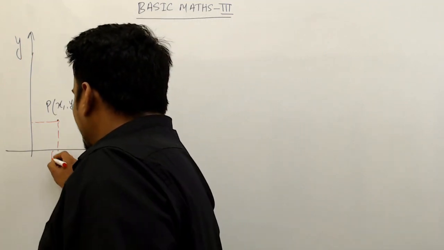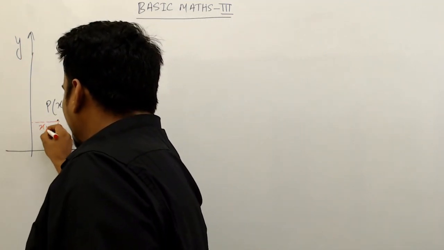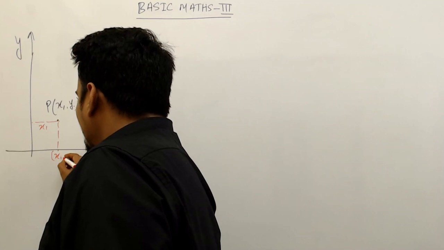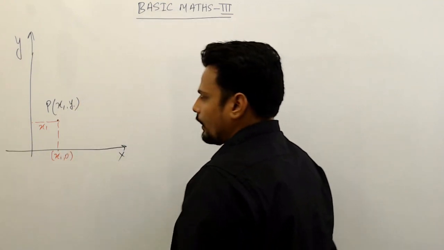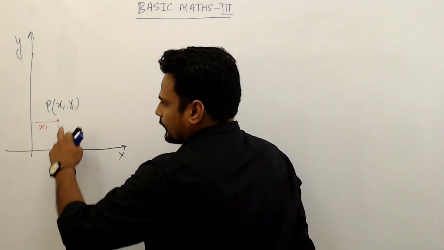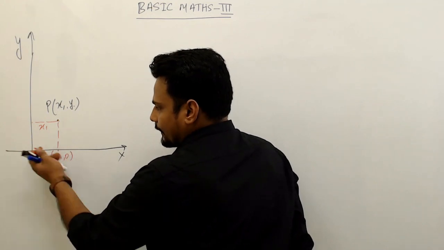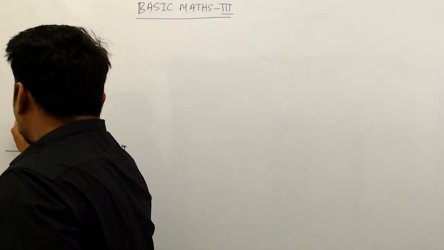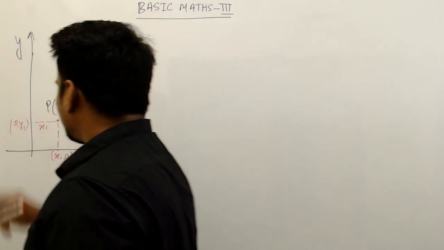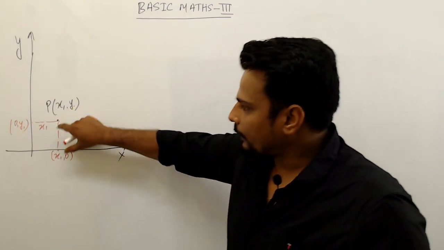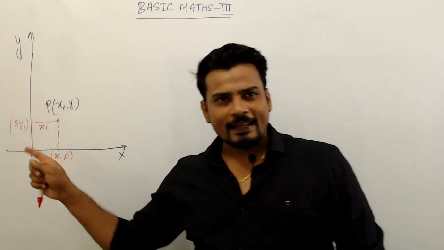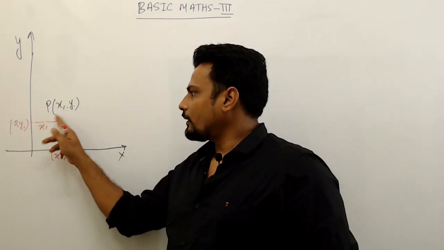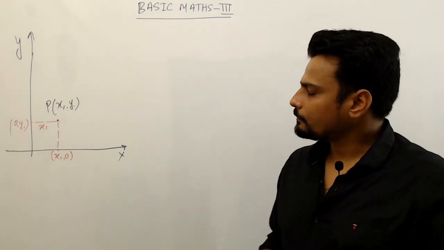This length is x1, so this point should be written as x1 comma 0. So the first part represents the distance along the x-axis and the second part represents the distance along the y-axis. This length is y1 and this length is x1, and these two are the coordinates of the point P.